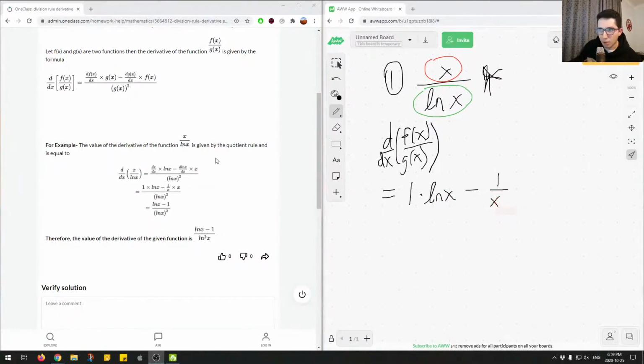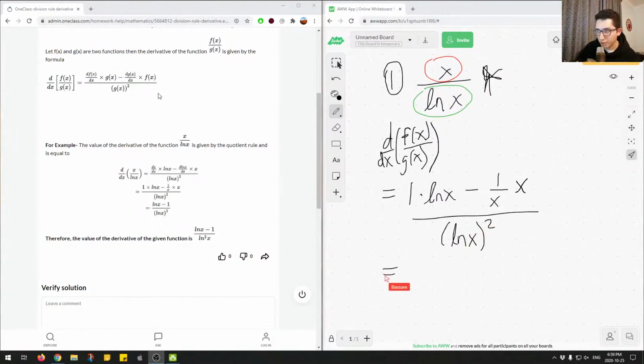The derivative of ln x is just something you should memorize, which is 1 over x, and then multiplied by f at x, which is just x for us, divided by g at x squared, so ln x squared.